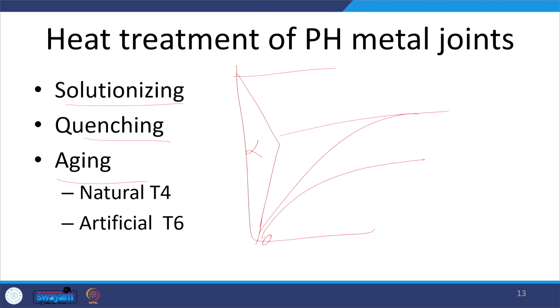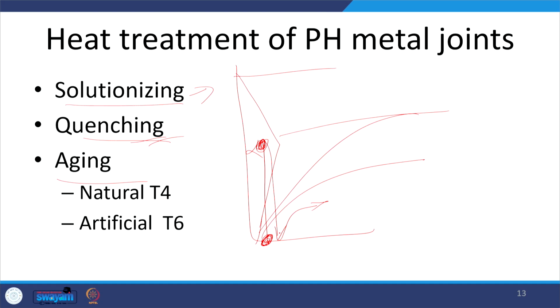Say the metal of this composition is heated into the homogeneous solid solution condition, then it is quenched rapidly, then reheated again. Solutionizing is the step which helps to dissolve everything in the solid solution, followed by rapid cooling, that is called quenching, in order to attain a supersaturated solid solution, and then followed by aging.